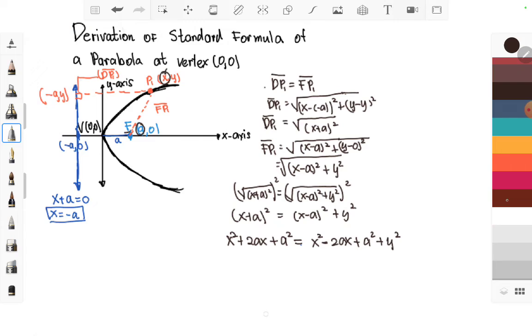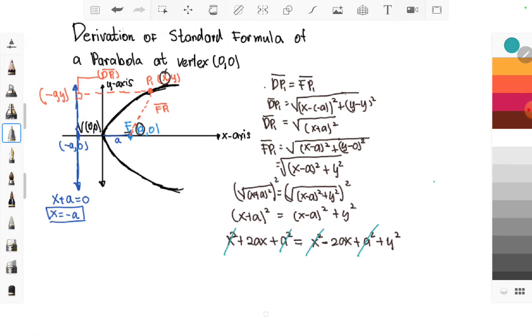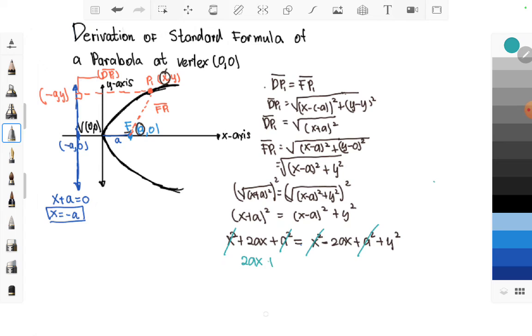You will notice that a squared minus a squared is 0, and x squared minus x squared is 0. Then from there, I will transpose my negative 2ax, so I'll have 2ax plus 2ax is equal to y squared. So from here I will have y squared equal to 4ax, which is the equation of a parabola with vertex (0, 0) opening to the right.